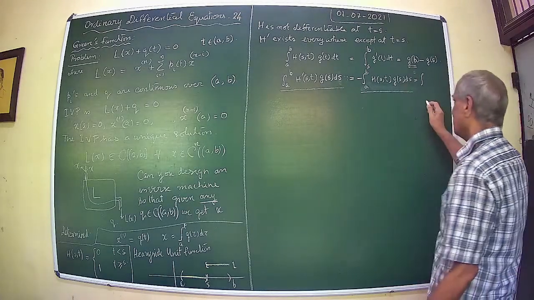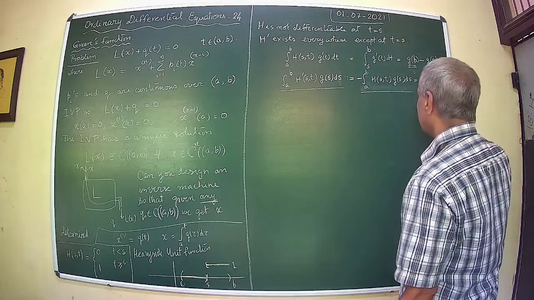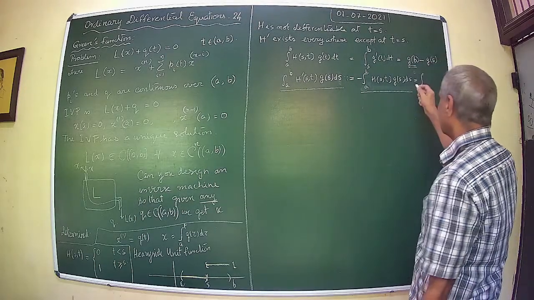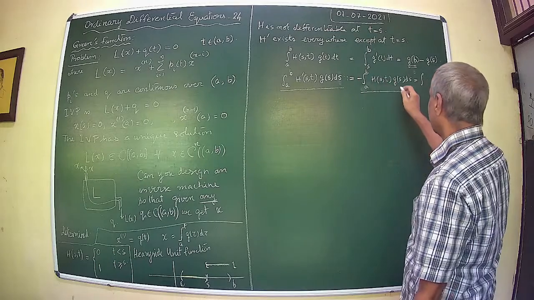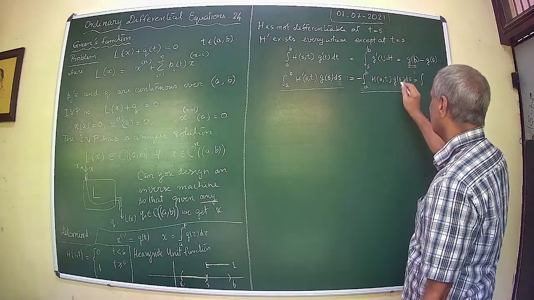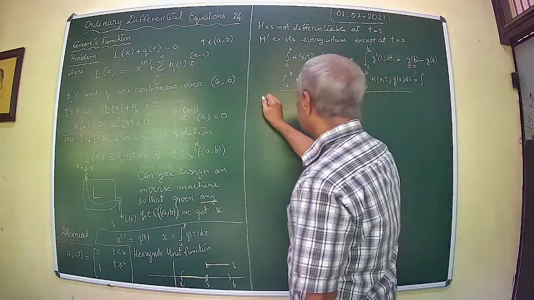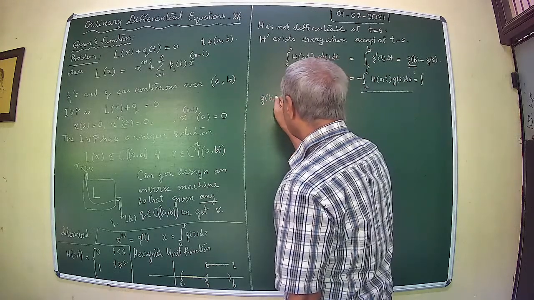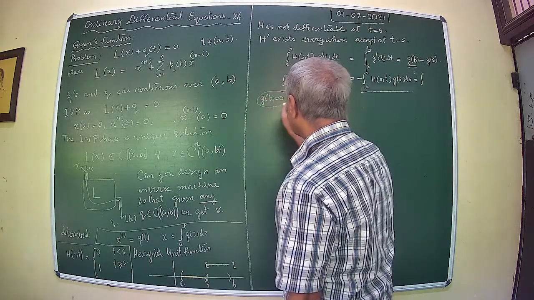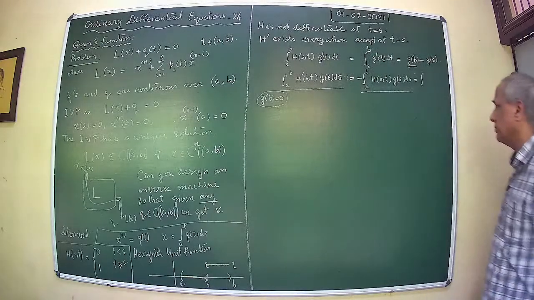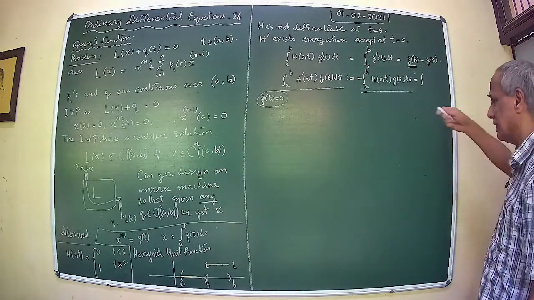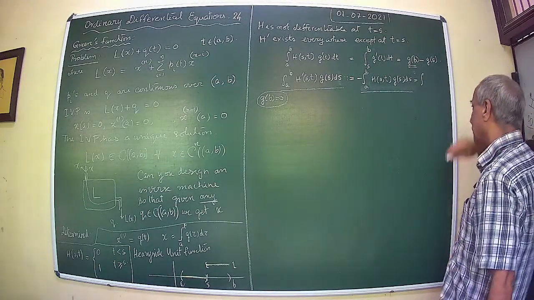That doesn't matter. Here you have to possibly assume g(b) equal to 0. Let us keep this for the time being, but it doesn't come into the picture. I am just giving a sort of feeling for the problem.